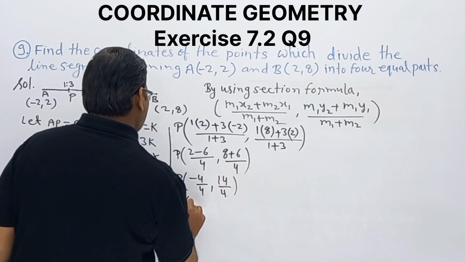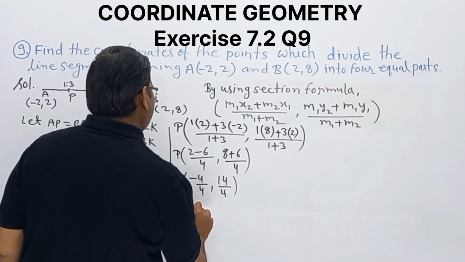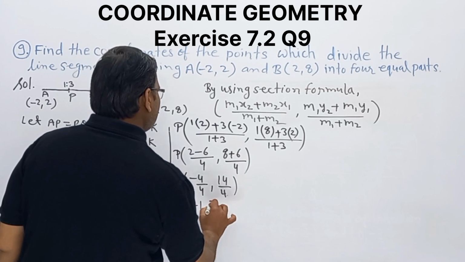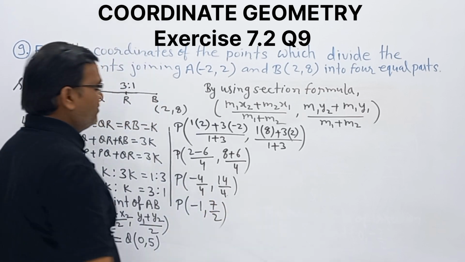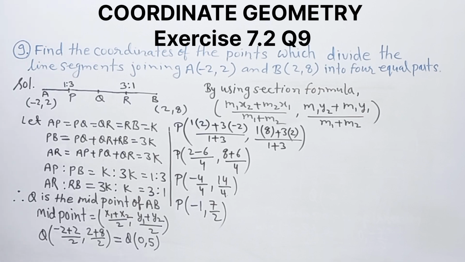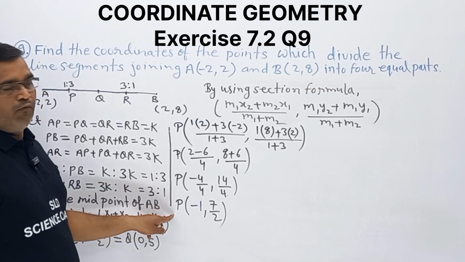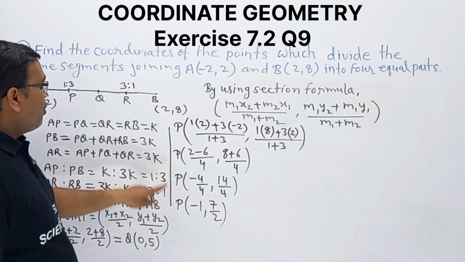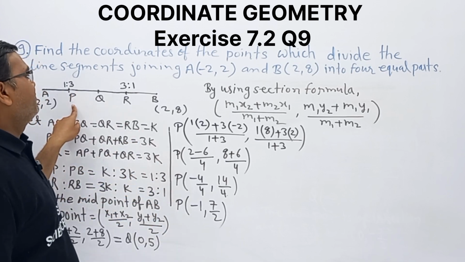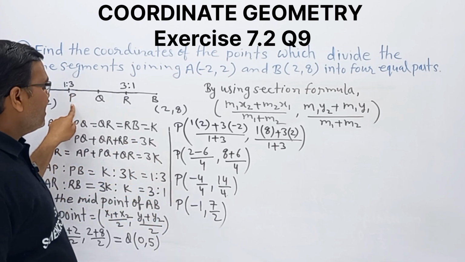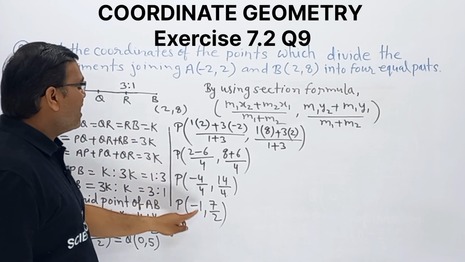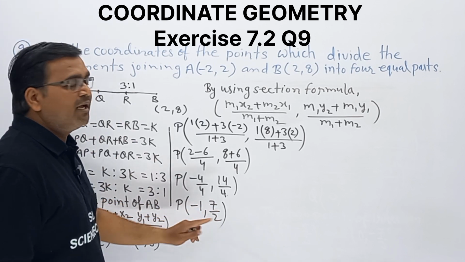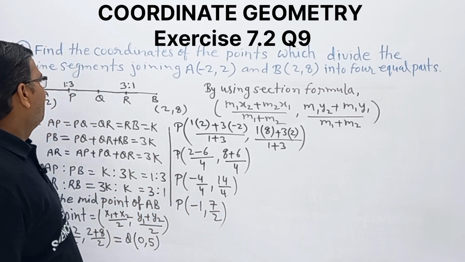Simplify. Then the coordinates of P will be minus 1, comma 7 by 2. So by using the section formula, we obtained the coordinates of point P. Clear? And its coordinates are minus 1, comma 7 by 2.